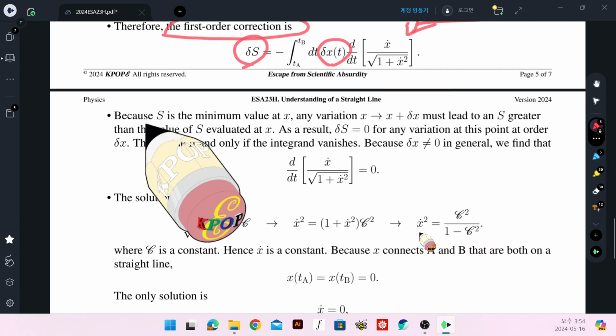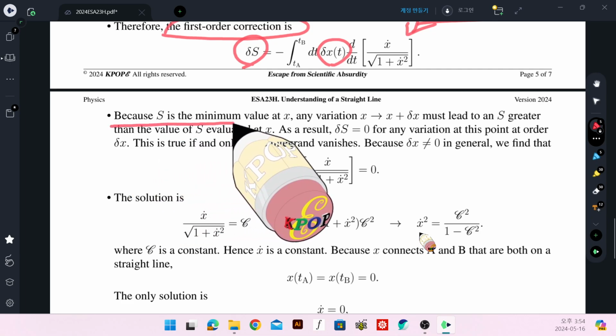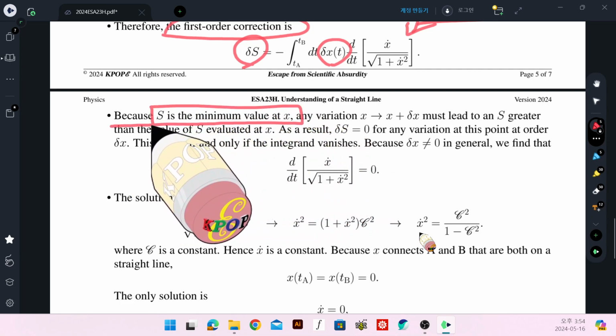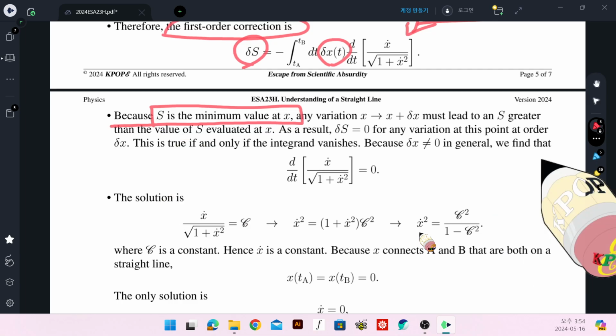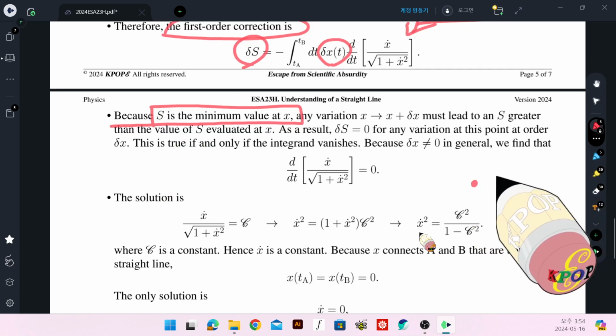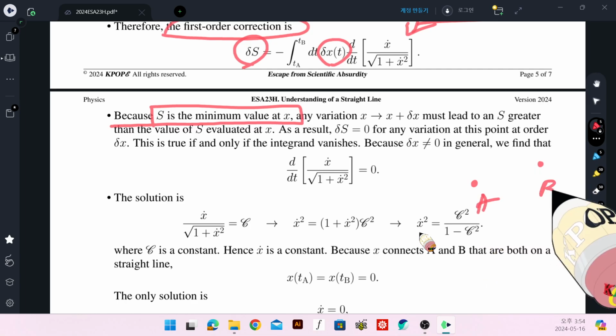By the way, because s is the minimum value, why? Our question is what is the shortest path connecting A and B?